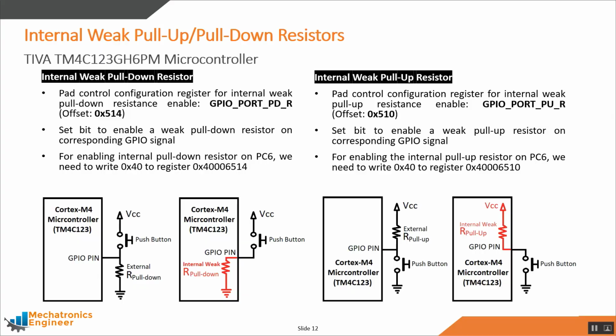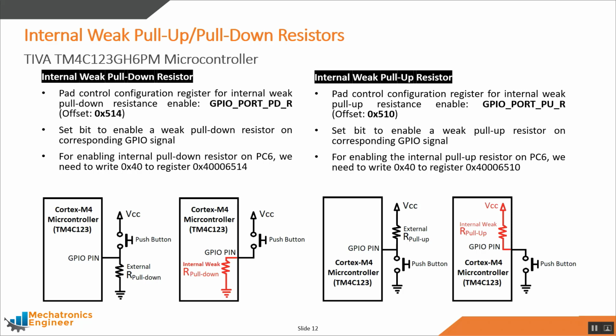The Cortex-M4 microcontroller that we are using comes with internal pull up and pull down resistors available to all GPIO pins, which means we don't need to use external pull up and pull down resistors.